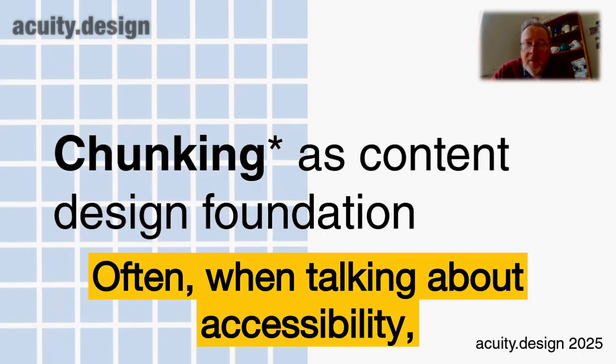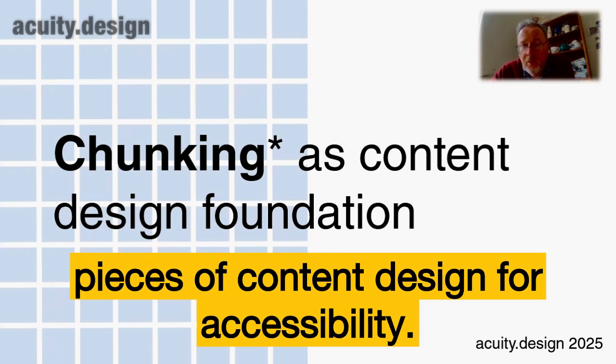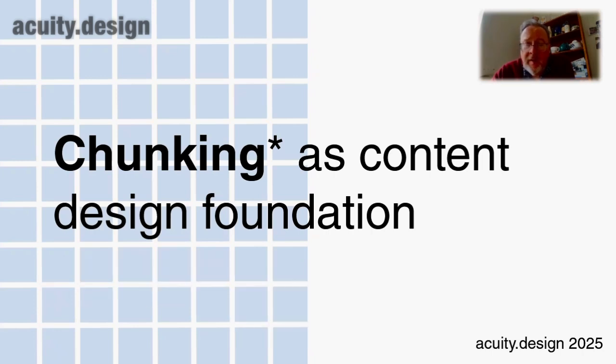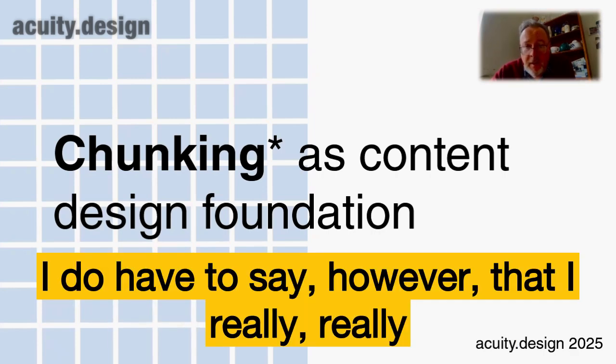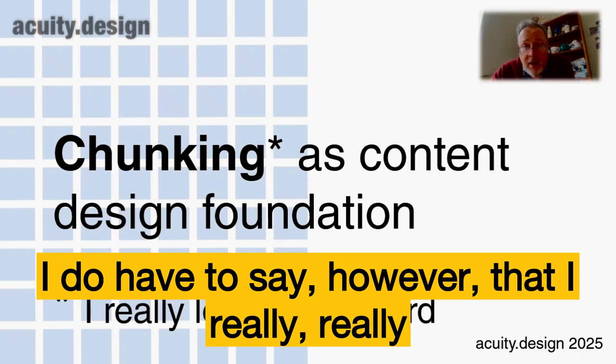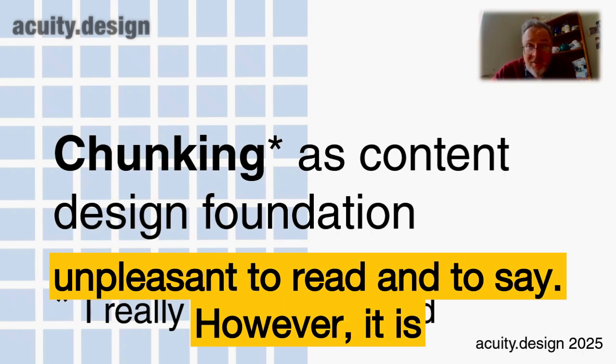And so I often, when talking about accessibility, talk about chunking as being one of the critical pieces of content design for accessibility, because chunking is a way of actually creating breaks. I do have to say, however, that I really, really loathe the word chunking, because it's just unpleasant to read and to say.